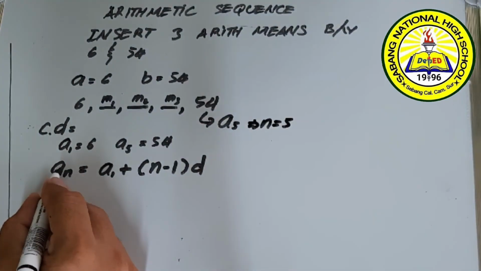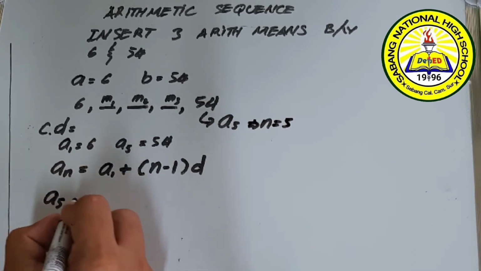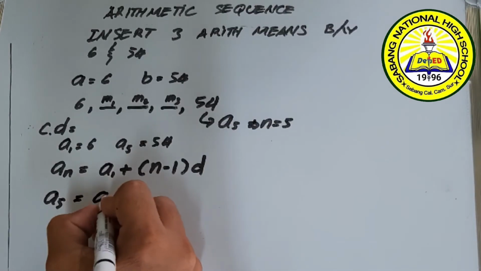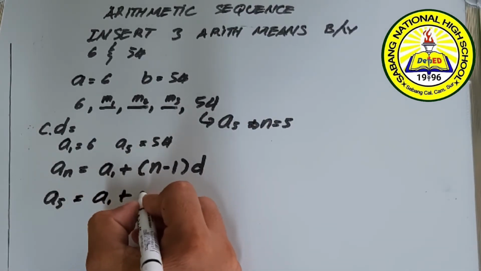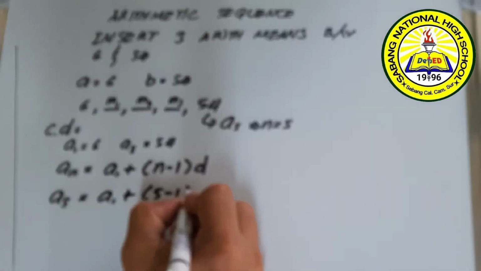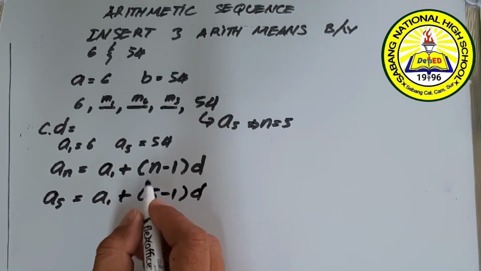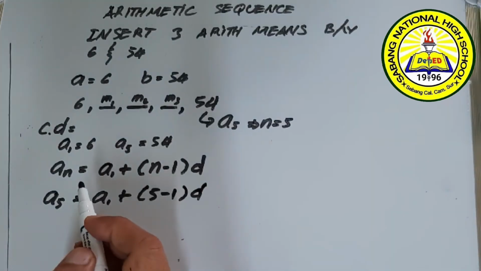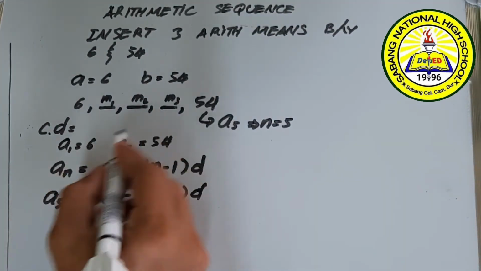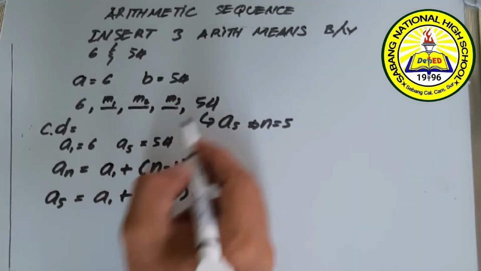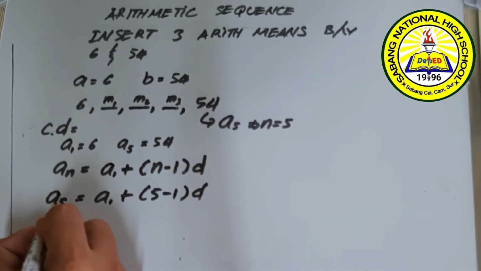So we substitute: a sub 5 is equal to a sub 1 plus 5 minus 1 times the common difference, which we do not know yet. We know that a sub 1 is 6 and a sub 5 is 54, so we can replace a sub 5 with 54.